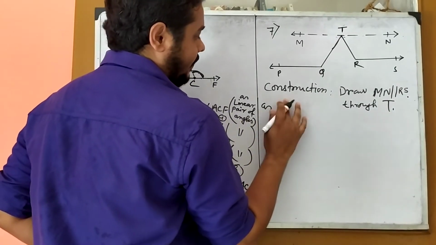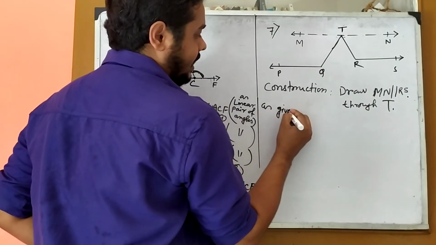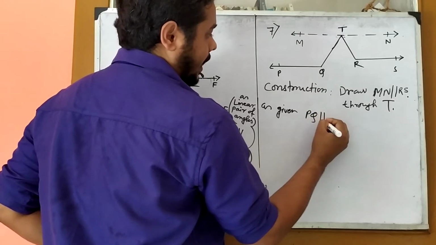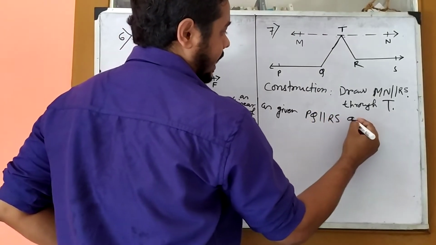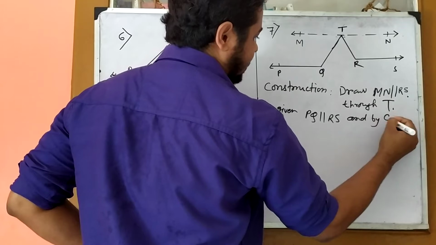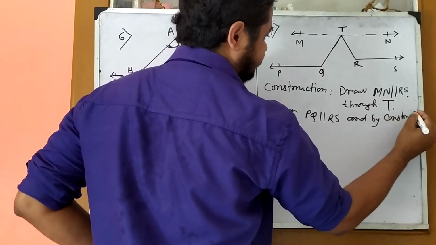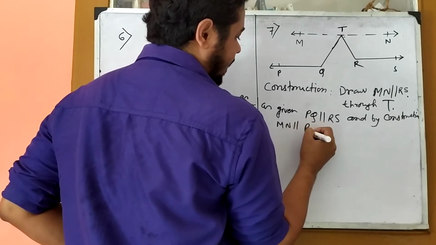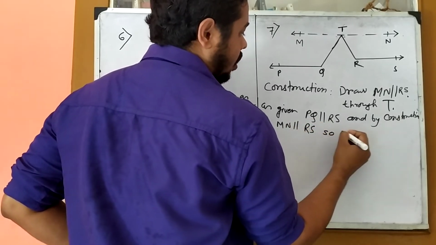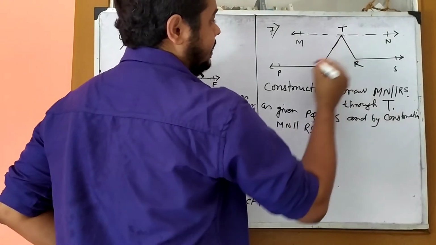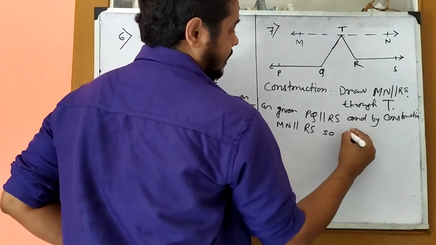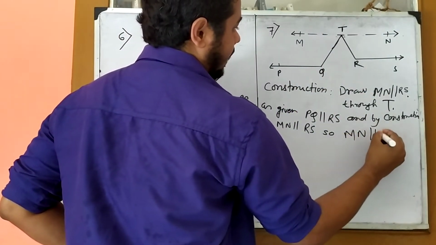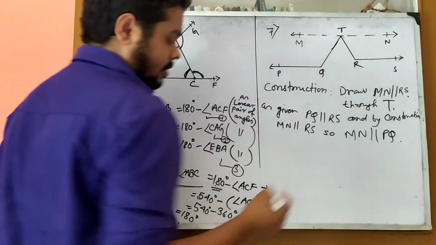As given, PQ is parallel to RS, and by construction MN is parallel to RS. So we can write MN is also parallel to PQ.